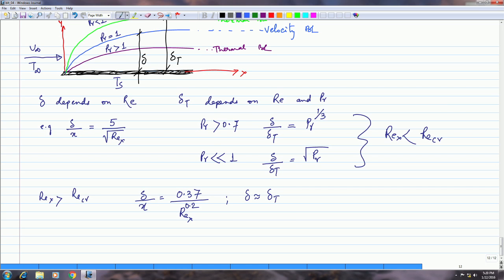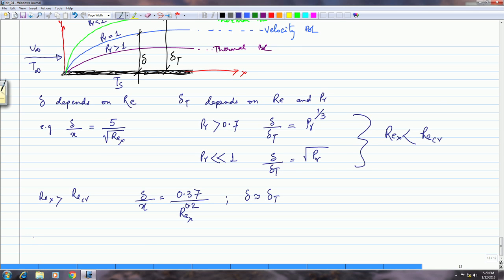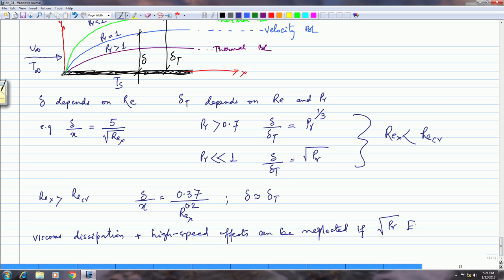And the viscous dissipation. Now we're going to talk about dissipation. The viscous dissipation and high speed effects can be neglected if, so let's write that down here, viscous dissipation and high speed effects can be neglected if the root of Prandtl number into the Eckert number and half of that is really very small.